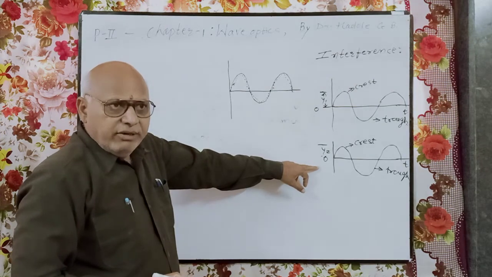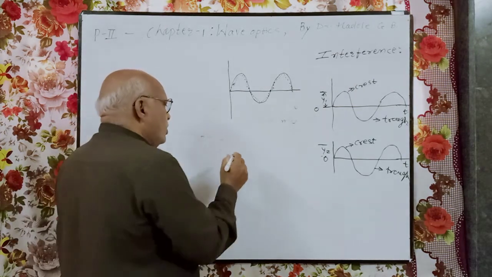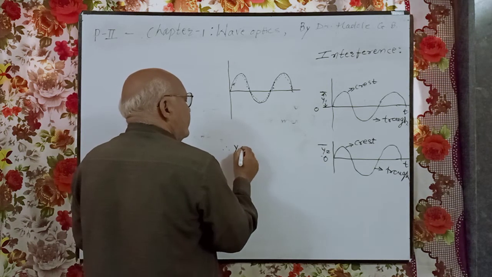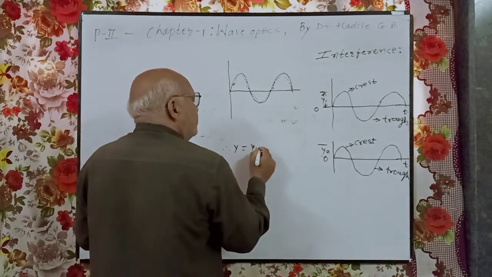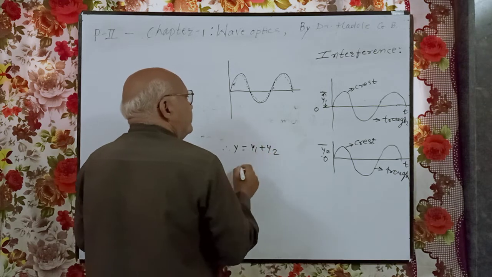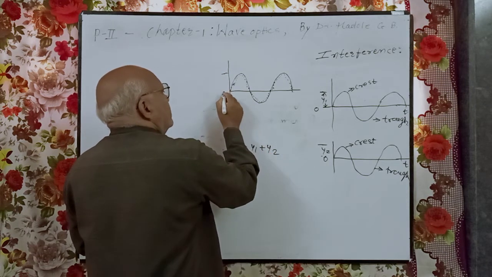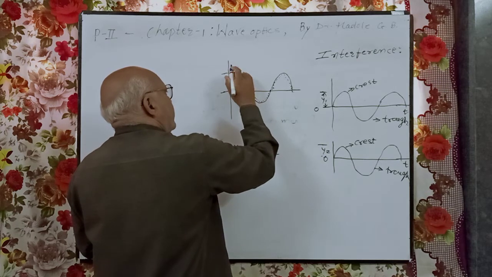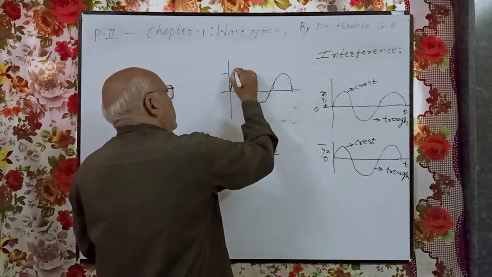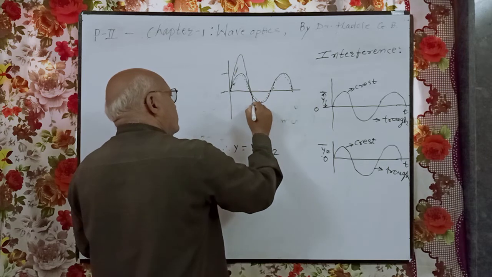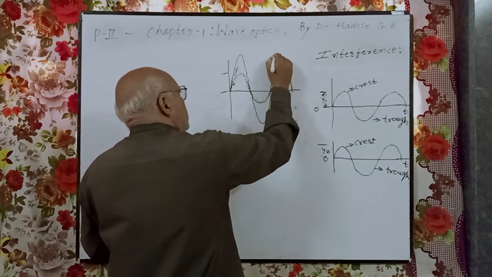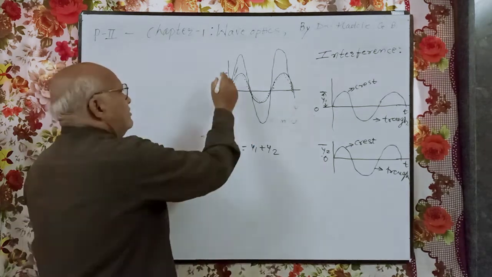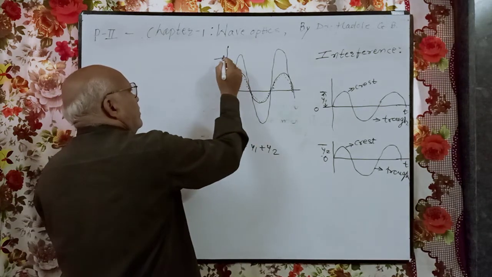Here the second wave has a displacement y2, and therefore the resultant displacement y will be y1 plus y2. Like this. This is the resultant displacement y.